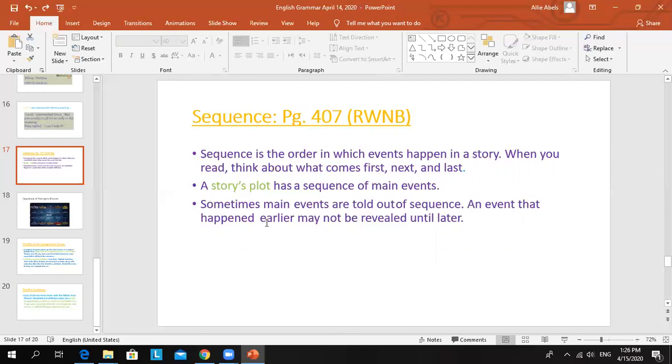They do not reveal important information until the end, or they start off the story or the movie with some pertinent information, and then at the end we can only make sense of what was mentioned at the beginning. So that is a classical example of how writers and authors play around with the main events of a story.